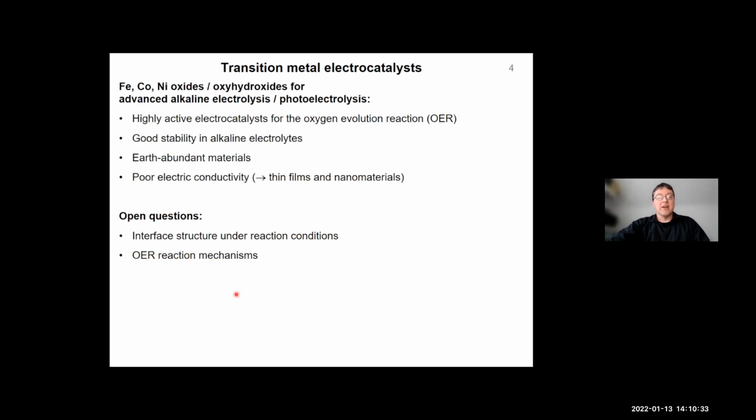Most of the research in this area is very applied. You mix together some materials, see how they work, and if you have a good catalyst, you are happy. But in terms of fundamental understanding, there's still a big lack, so there's a real need for detailed studies of a well-defined model system, similar to what Gary already introduced in his talk.